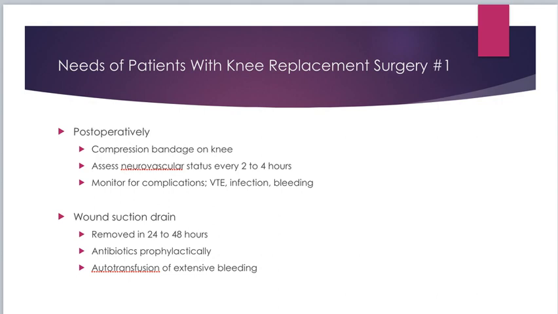They may have a drain in place that just facilitates the healing process. They may be on some antibiotics prophylactically to minimize the risk of infection. They may have an order to auto-transfuse blood that has been removed from their own body.